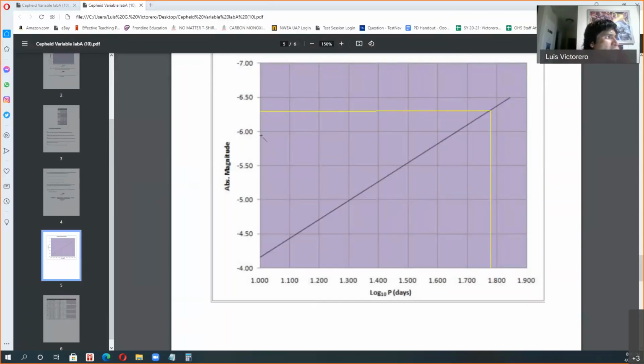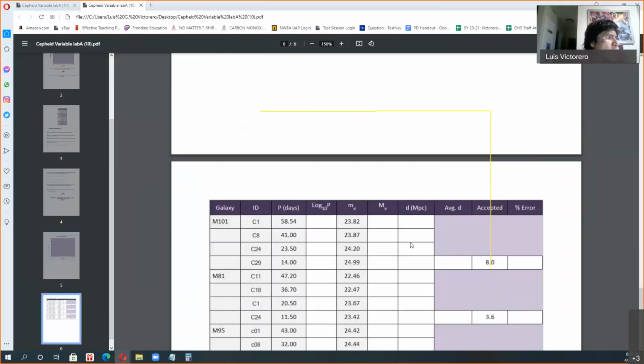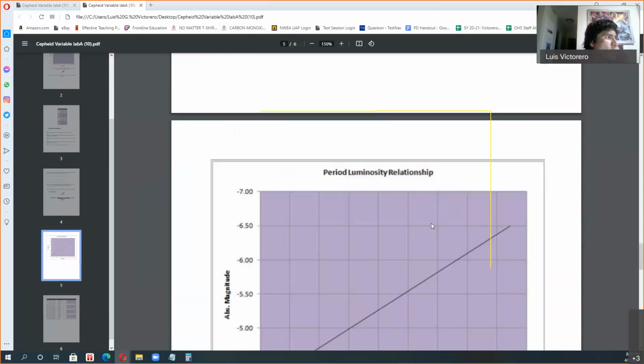So my absolute magnitude, minus 5.5, minus 6, minus 6.5, minus 6.3 approximately. So that value will go here. And you have all the values that you need to find the distance using the equation.